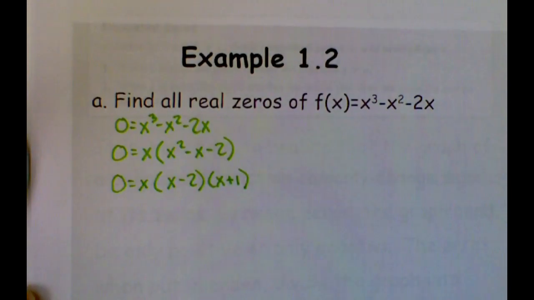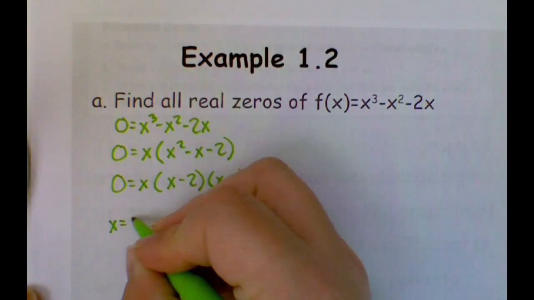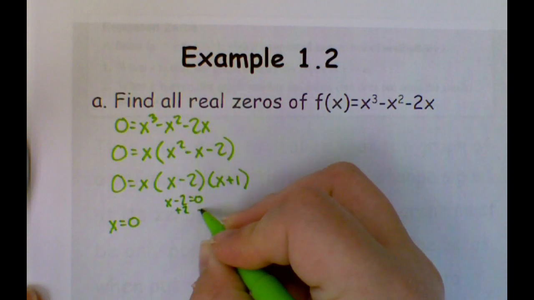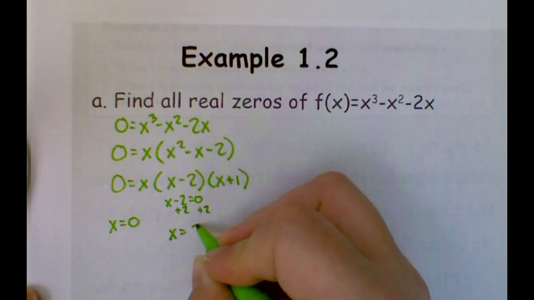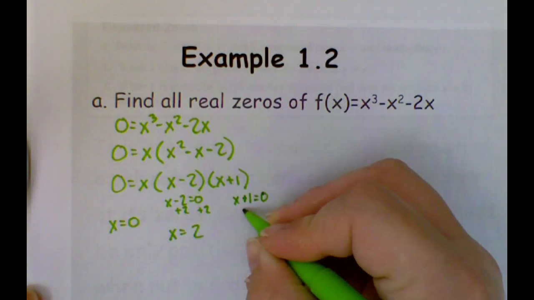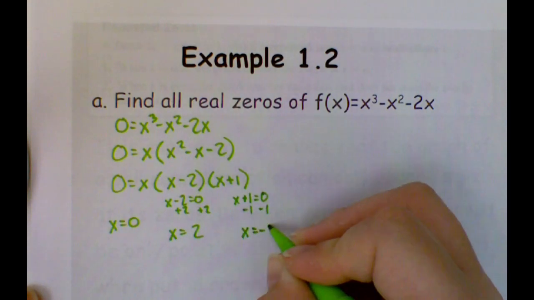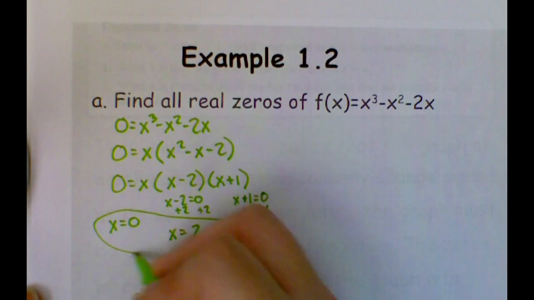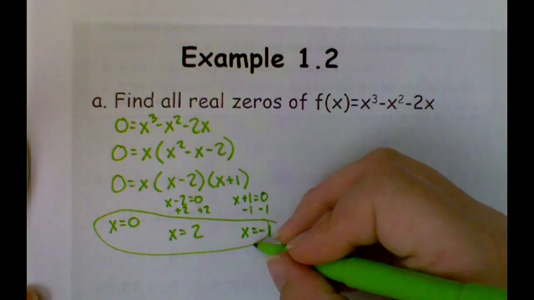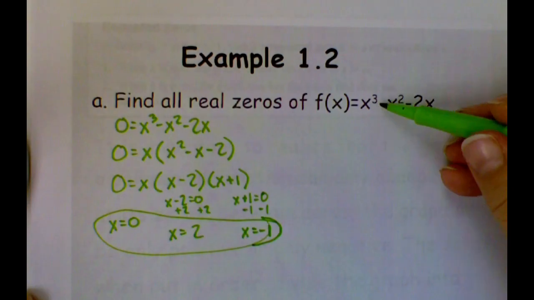Set each factor equal to 0, so I get x equals 0. X minus 2 equals 0. Add the 2. I get x equals 2. And x plus 1 equals 0. Subtract the 1. I get x equals negative 1. There are my 3 zeros. And looking at my degree, I see that, oh, I could have had up to 3 zeros. Perfect.